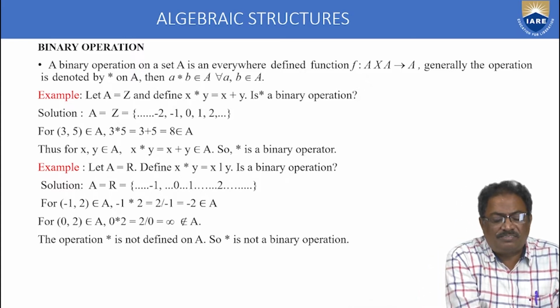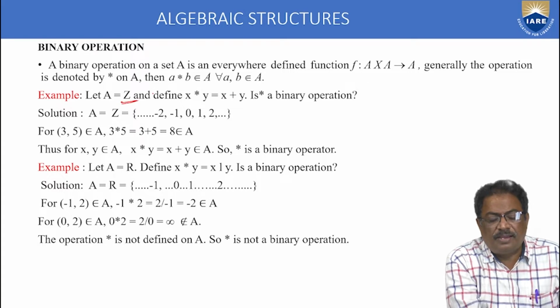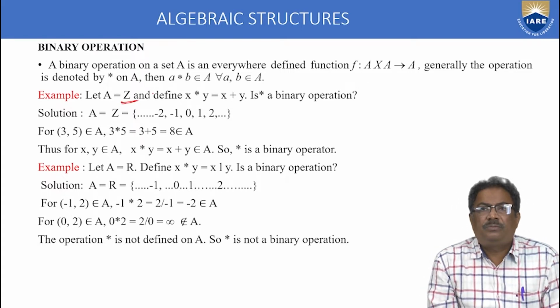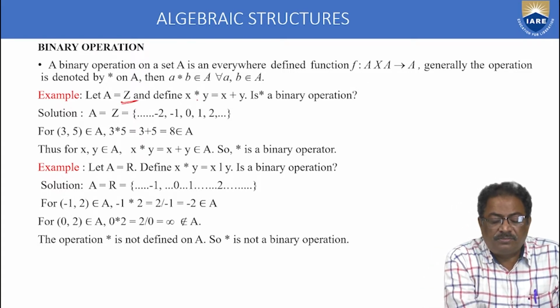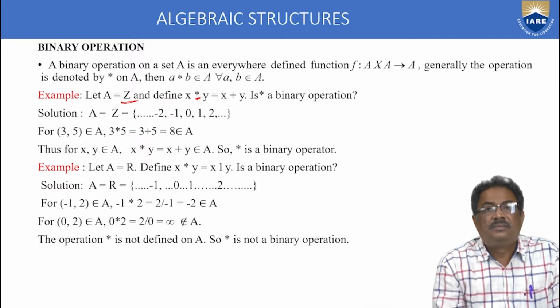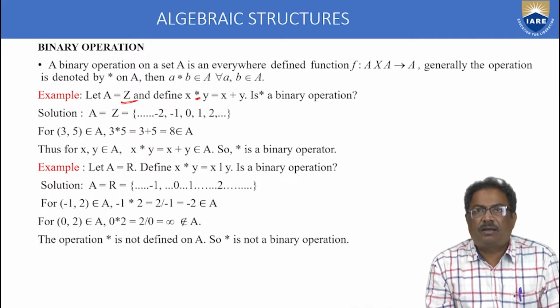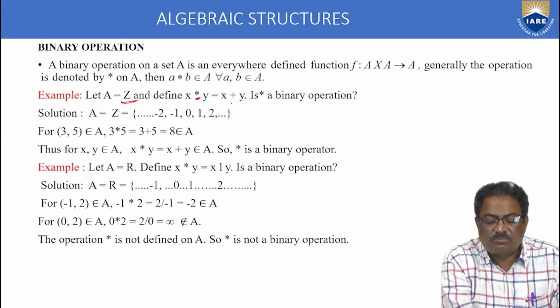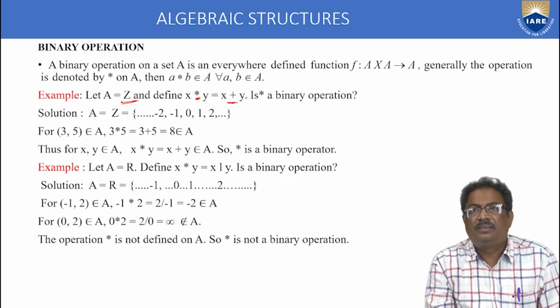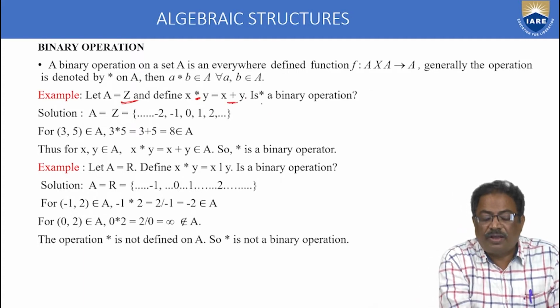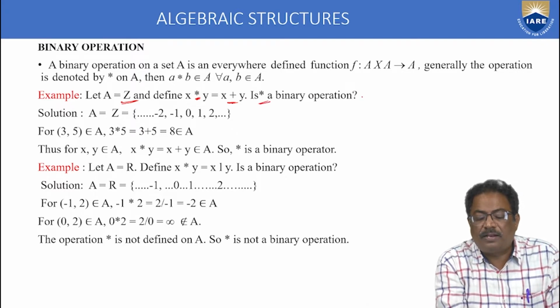The set is the set of integers, and we are going to define the relation between two elements of this set, x star y as x plus y. Now we have to verify whether star is a binary operation or not.